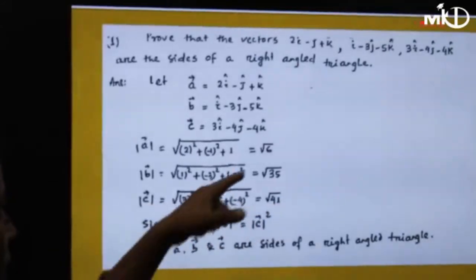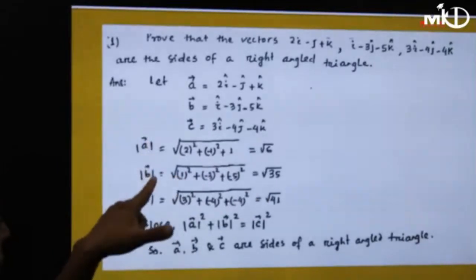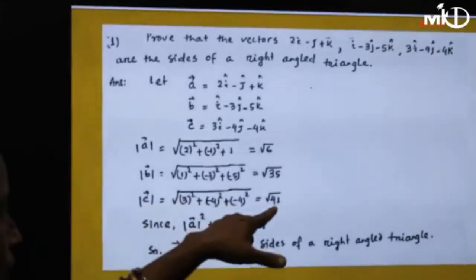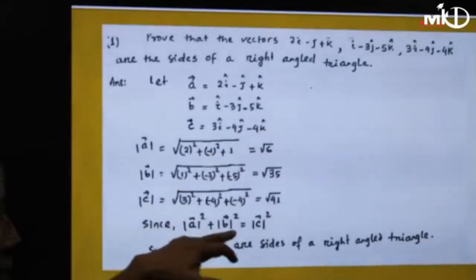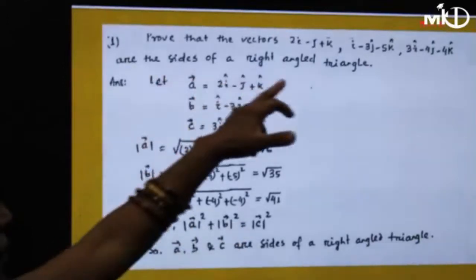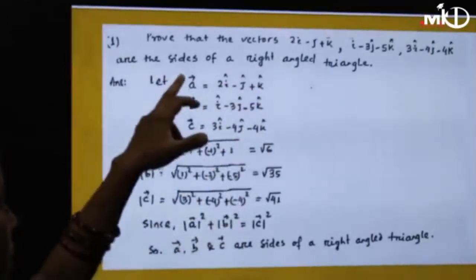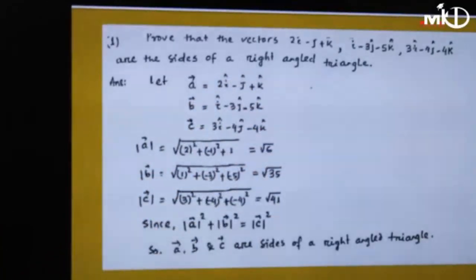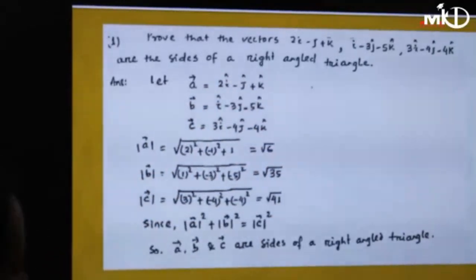If I add the square of magnitude of a bar and the square of magnitude of b bar, it is equal to the square of magnitude of c bar. Since it fulfills this formula, these three vectors are the sides of a right angle triangle.